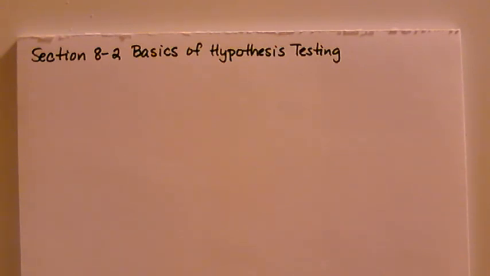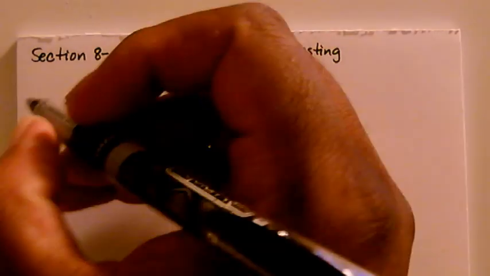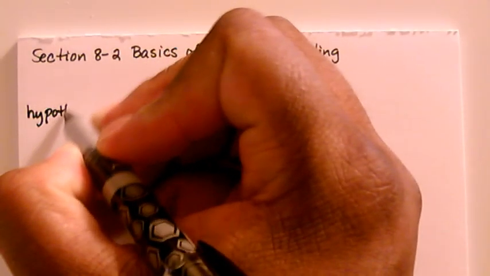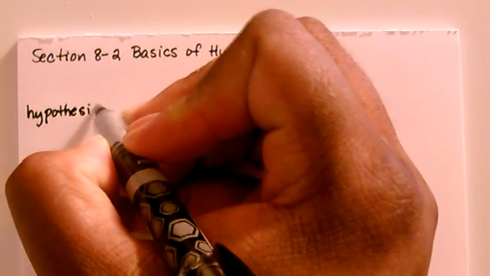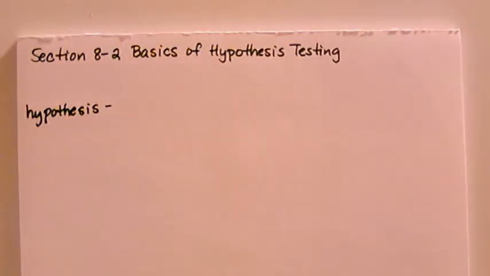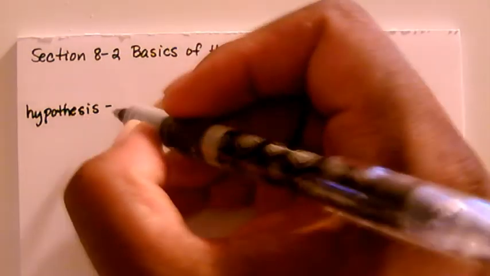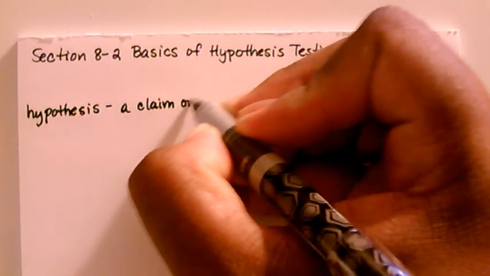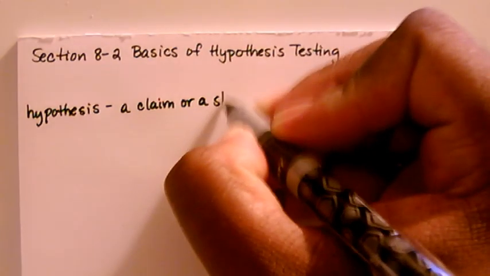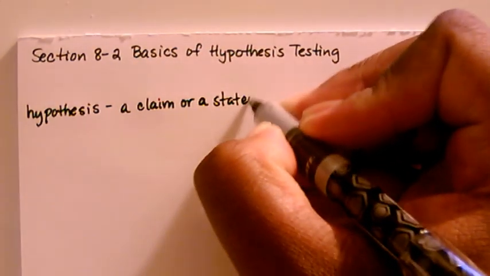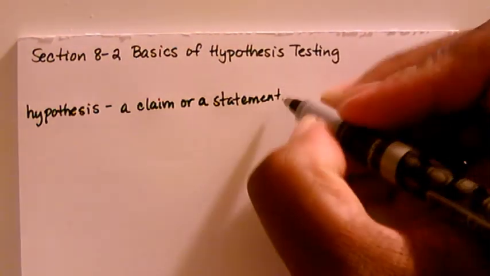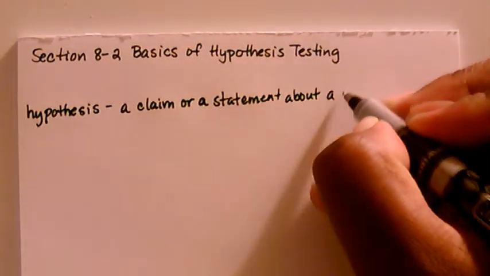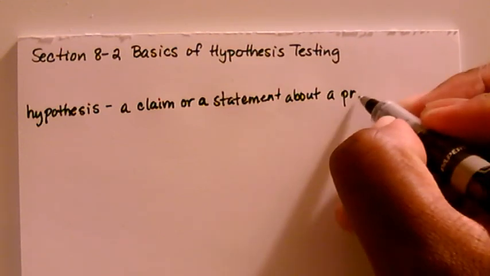Okay, so let's begin with some definitions here. The first definition is just a hypothesis. When we're dealing with statistics, a hypothesis is nothing but a claim or a statement about a population parameter, well, about a property of a population.